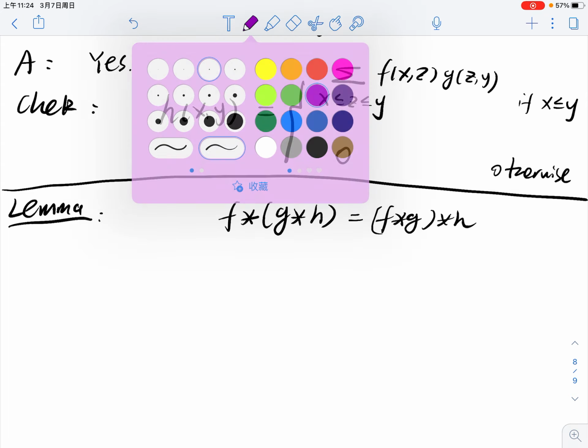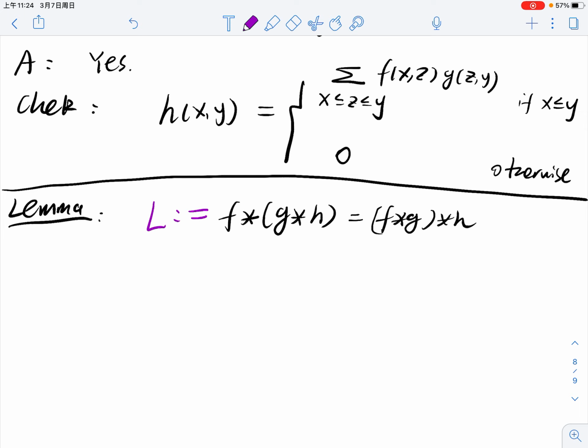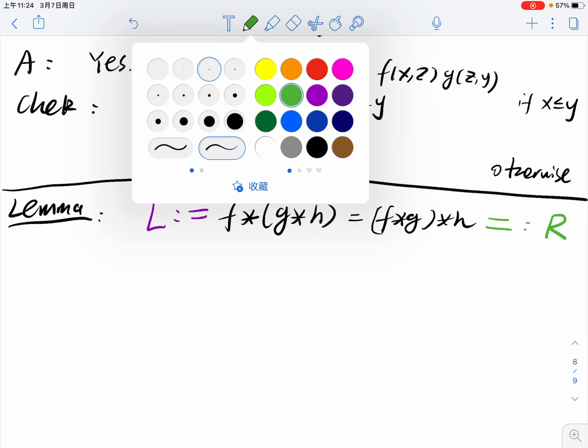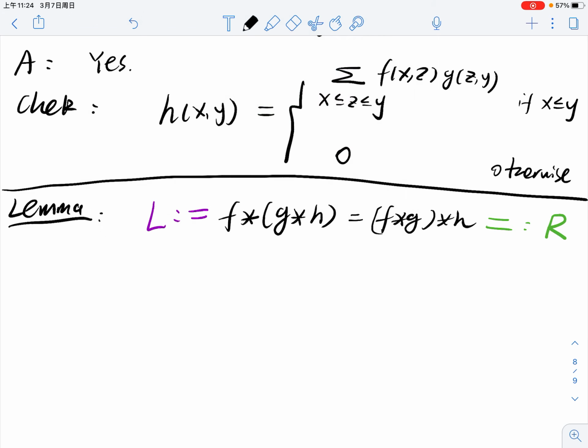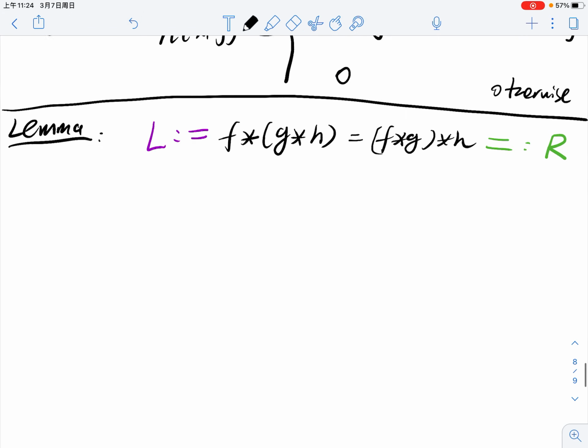So this is a general property of convolution. So let's denote the first one as L, which means left hand side, and the second one as R, which means right hand side.